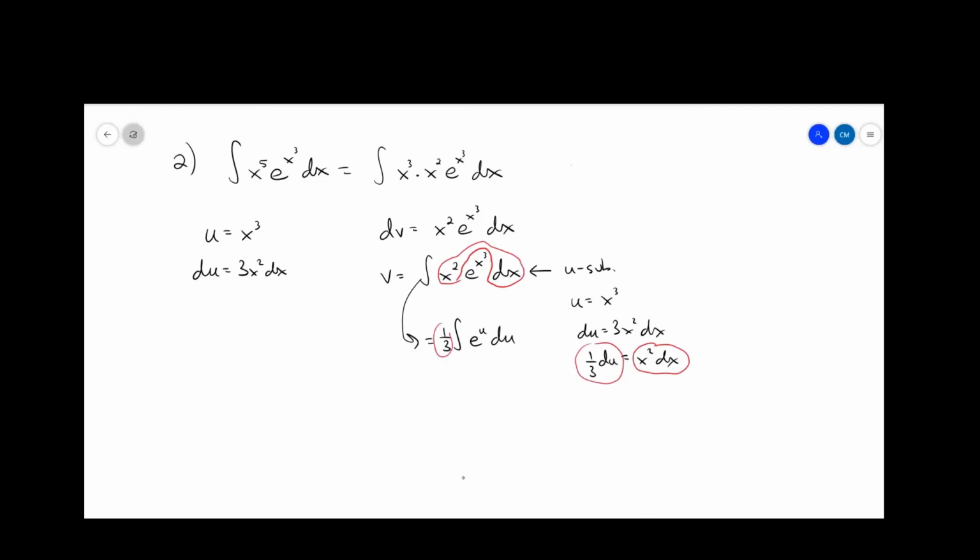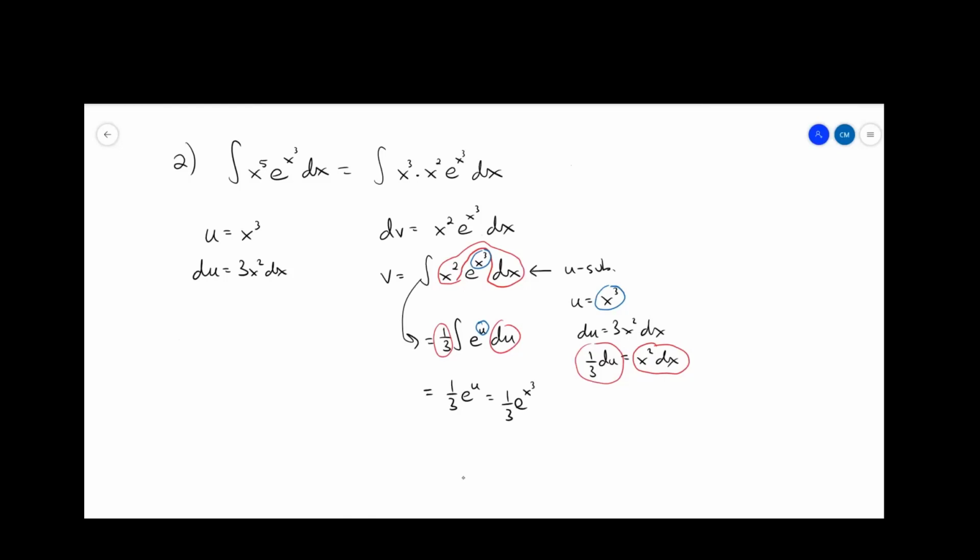So there's the 1/3 and the du. And then the rest of it, what else do we have here? The u is the x to the third, right? So there it is, that's the u right there. And so that integral then becomes 1/3 e to the u, which is the same as 1/3 e to the power of x to the third.